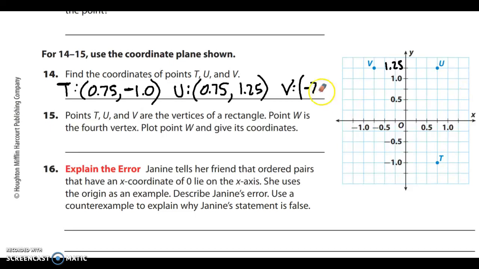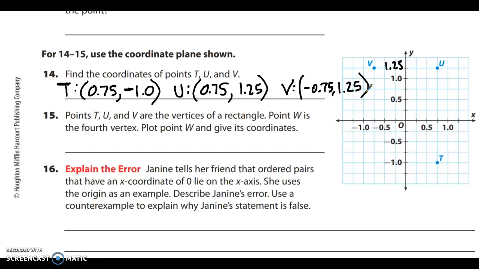Negative 0 and 75 hundredths, comma, and then it went up, and it's a positive number, the same number as U, since it's on the same line as U. If U is positive 1.25, then V is positive 1.25. We don't need a symbol if it's positive. All right, there are the coordinates of T, U, and V. Good job.